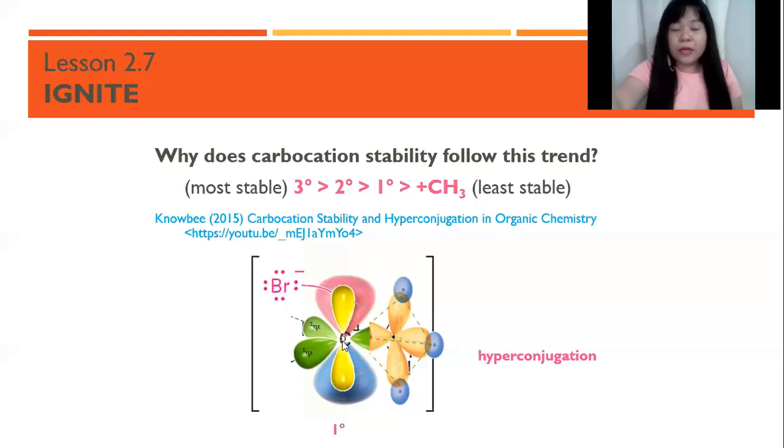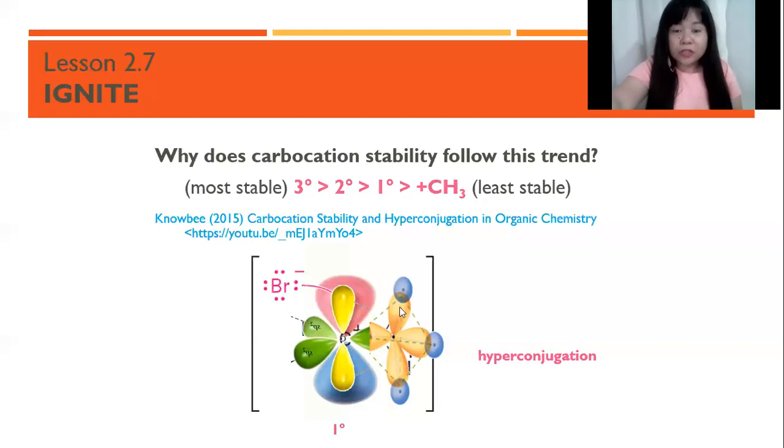So it may be able to form multiple pairs of hyperconjugation with the other orbitals coming from other carbons in probably a secondary or a tertiary carbocation, thus making the structure more stable because the excess positive charge is spread over a larger area, or in other words, because it's not the positive charge that's traveling, but the electrons.